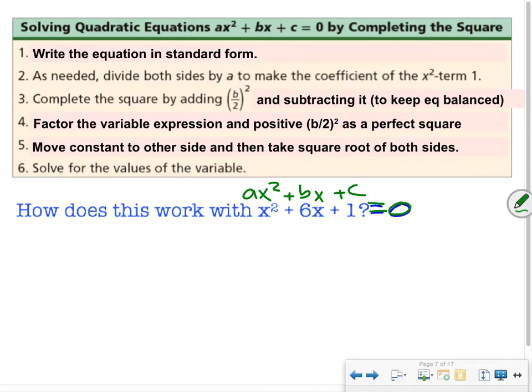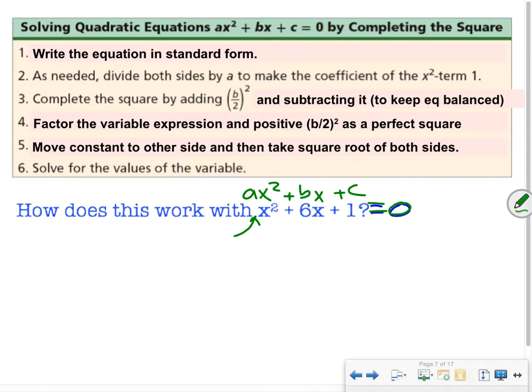You don't have to do anything on this one because you already have a 1 for a, so there's no point in dividing everything by 1. Complete the square by adding b divided by 2 squared and subtracting it. The subtracting piece is the second step, all within step 3.